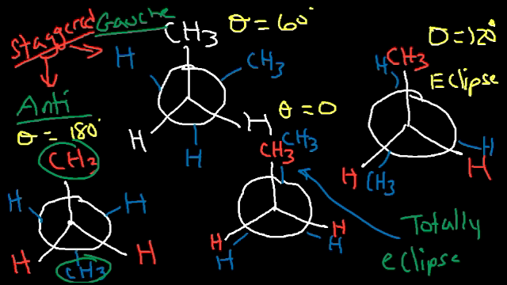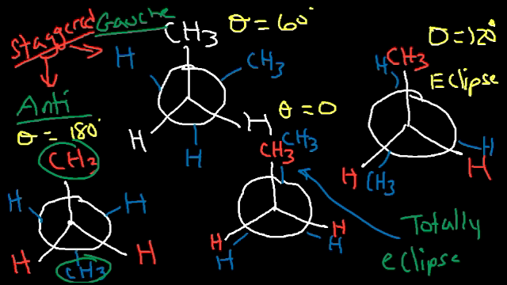Now there's another strain that's also present. Whenever the methyl groups are next to each other, because they're so bulky, as they approach each other, their electron clouds repel each other. And so you have a strong electron repulsion. And as a result, you have something called steric strain or steric hindrance. So it turns out that the most stable structure is the anti-conformation because the methyl groups are as far apart as possible.